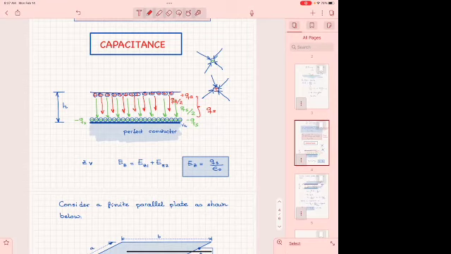But here we have two of those, so we use superposition. And because the charges are positive and negative, the electric fields, what do they do? They add. They add up.